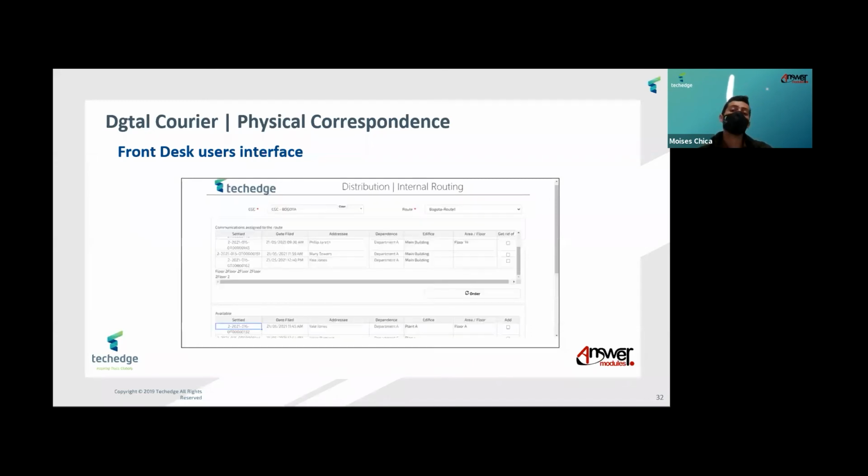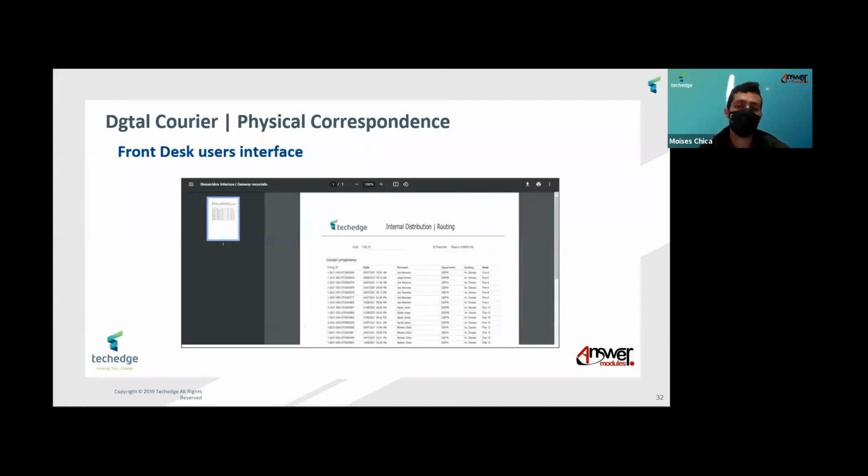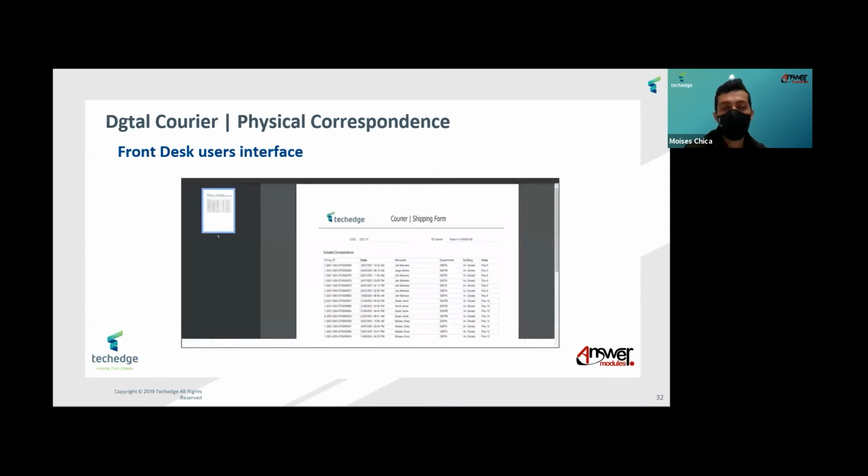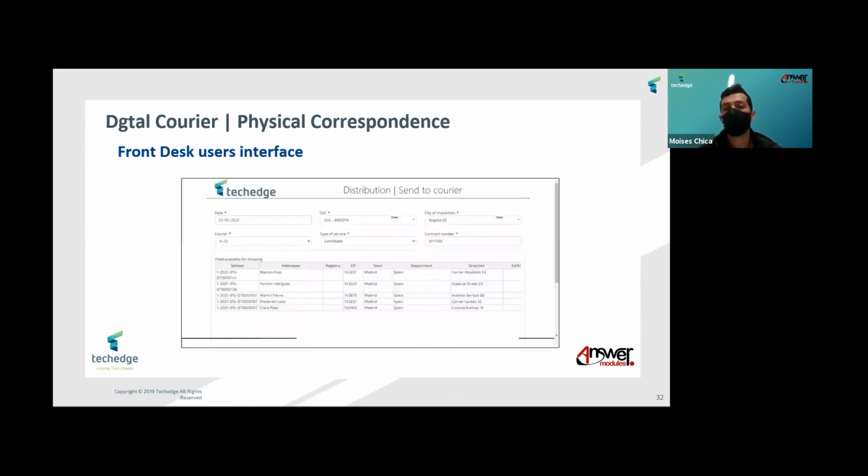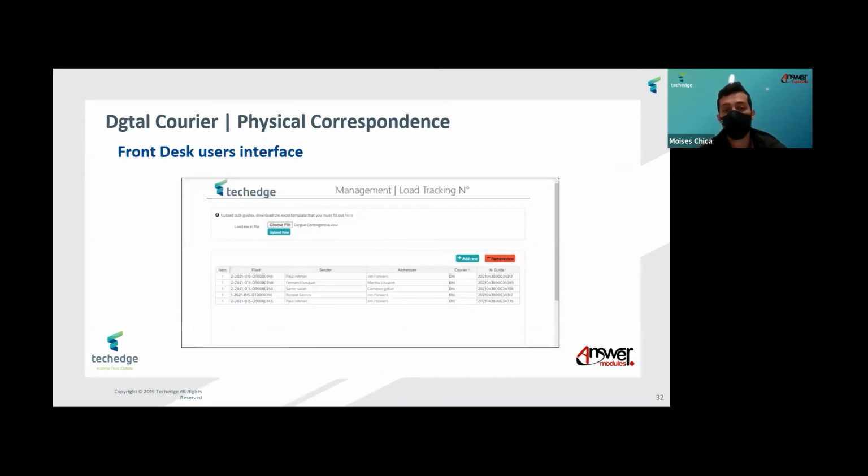automatically. And for the distribution as well, the final user, the recipient, will also have a form that allows them to manage and receive communications, also according to their role.